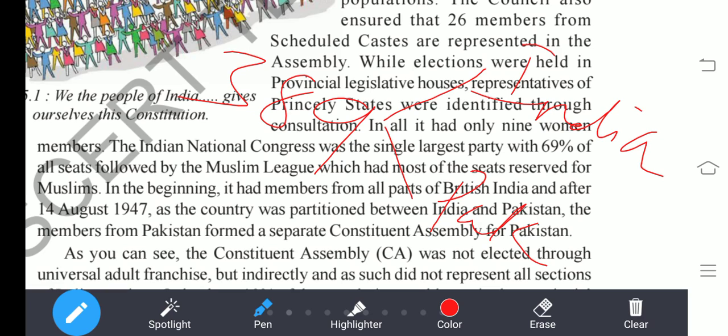The Indian Constituent Assembly consisted of 299 members. The Pakistan Constituent Assembly consisted of 90 members. Understand?